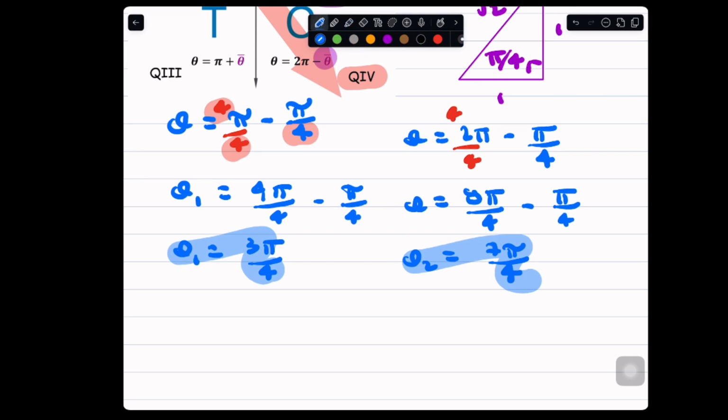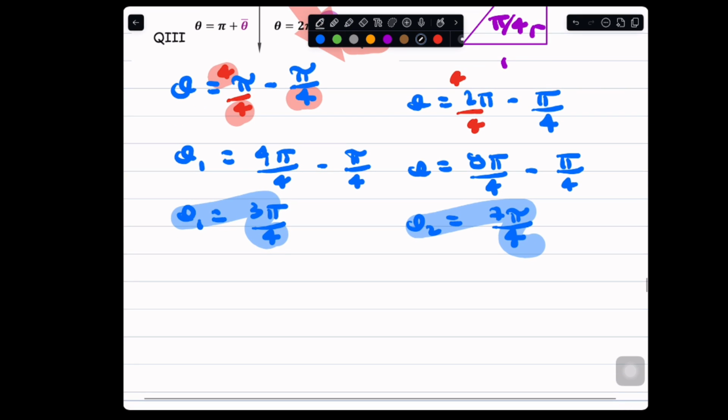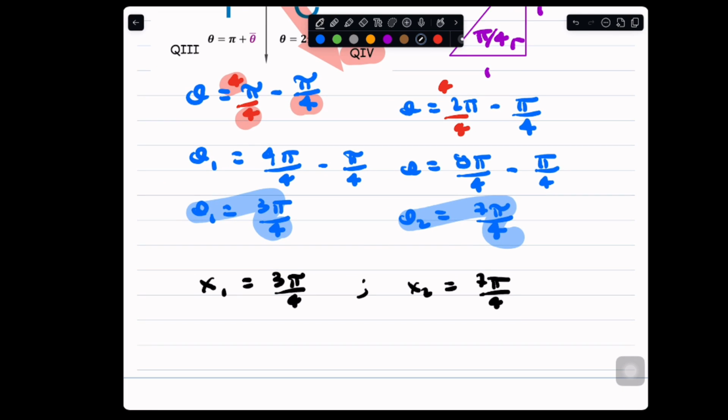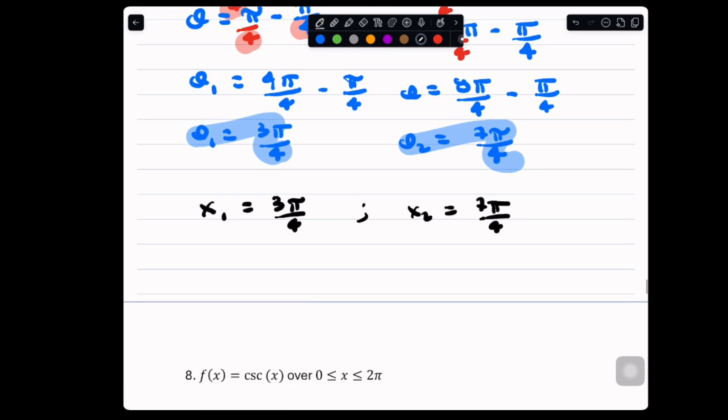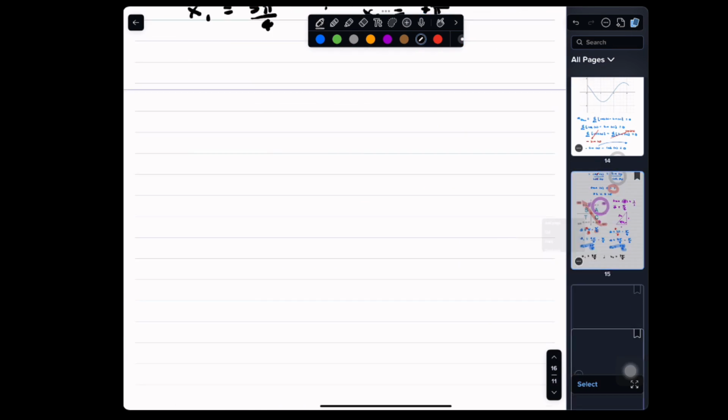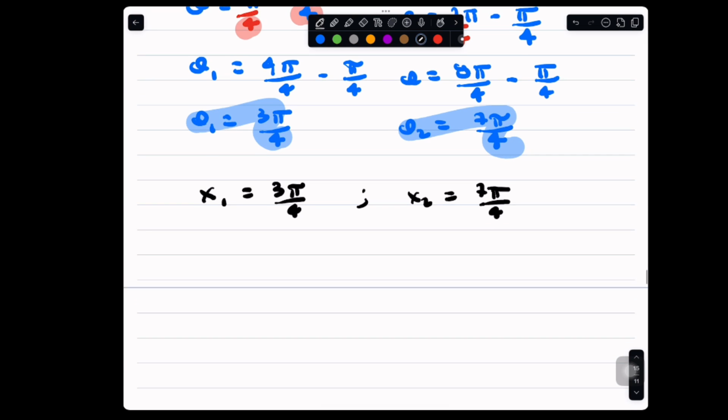Now, they didn't give you what? Theta. This was x. So the first x-coordinate solution is 3 pi over 4. The second coordinate solution is 7 pi over 4. Those are the two locations. So if you had to give a point, a quick and easy way to do that, an x and y coordinate, here's what I'm saying.